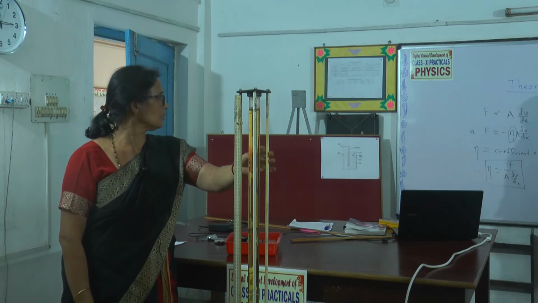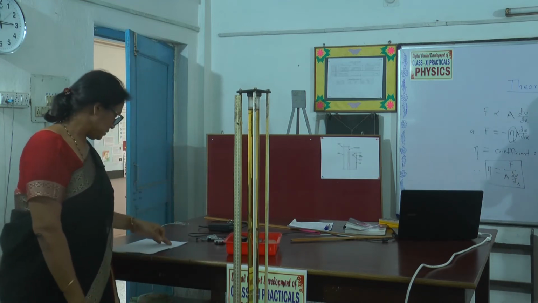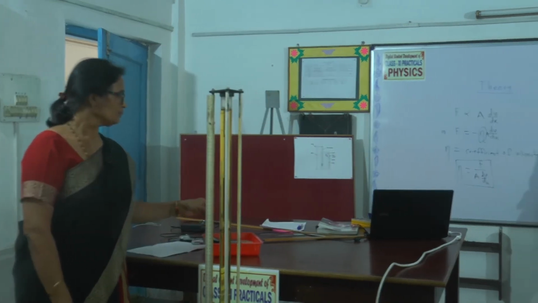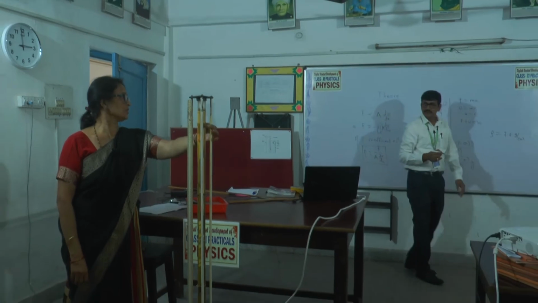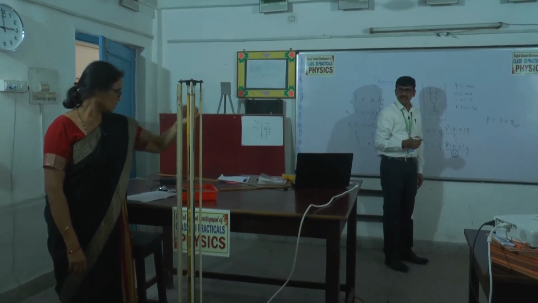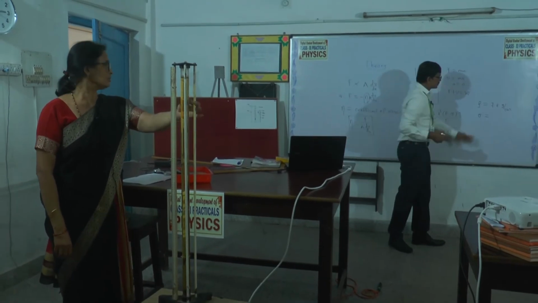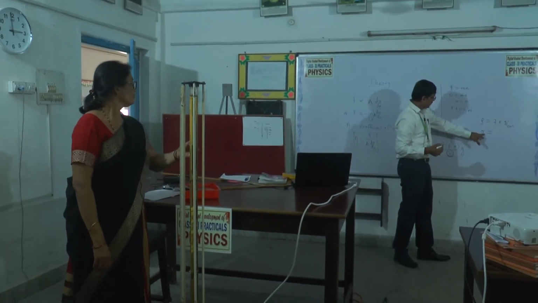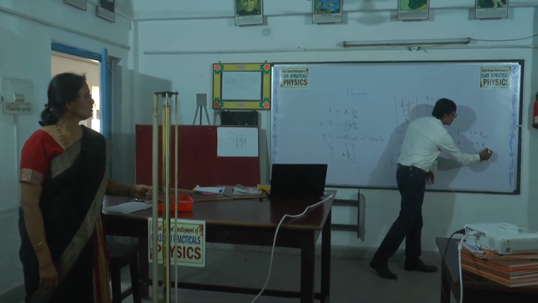Usually in a steel or iron ball, I think the density is 7.8 gram per cubic centimeter. Then a known volume of castor oil was taken, whose mass was measured, and the density was calculated to be 0.9 gram per cubic centimeter.